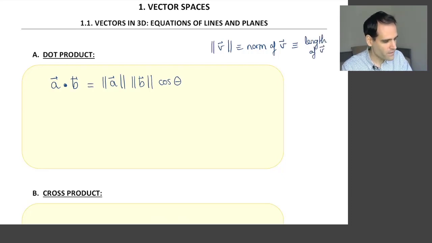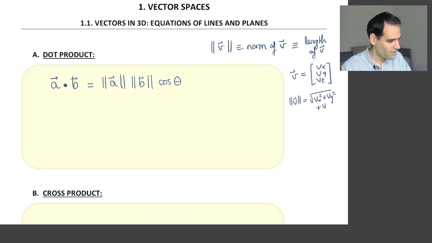And normally, if V equals the vector Vx, Vy, Vz, then the length of V is calculated using the Pythagorean theorem as norm of V equals the square root of Vx squared plus Vy squared plus Vz squared. Okay, so that's the number, the dot product.